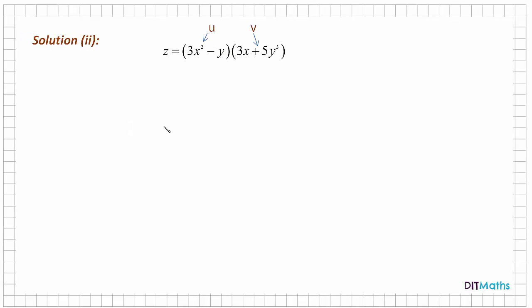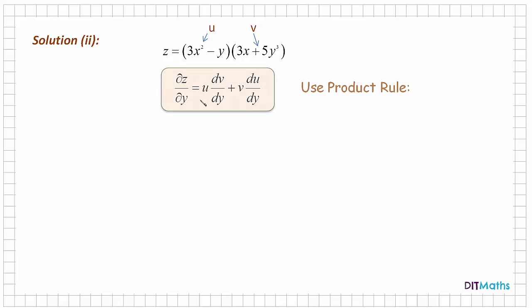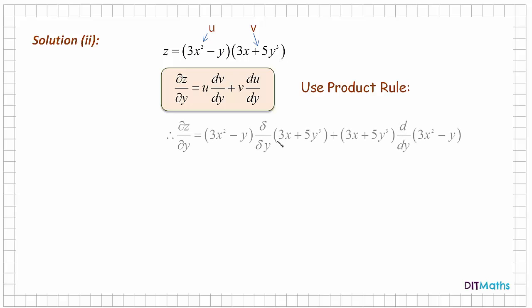In part 2, we need to calculate the second order partial derivative d2z dy squared. So once again, we use the product rule, again letting u equal to 3x squared minus y and v equal to 3x plus 5y cubed. Now this time, we differentiate v with respect to y. So differentiating 3x plus 5y cubed, keeping x constant, will give 3 times 5, 15 times y squared, and differentiating u with respect to y, keeping x constant, will give minus 1.